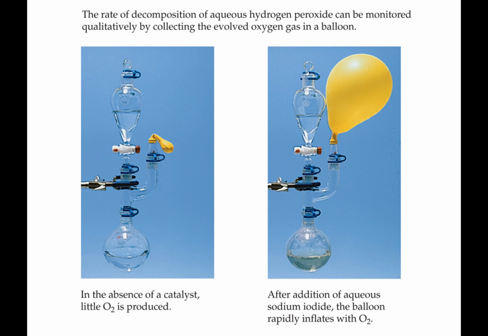Now, without the presence of the catalyst, you'll see that we get very little oxygen trapped in the balloon. If instead we add a catalyst, okay, so after addition of aqueous sodium iodide, the balloon rapidly inflates with oxygen. Okay, so this is lowering the activation energy, it's maybe creating a new pathway, and it's increasing the rate of the reaction.